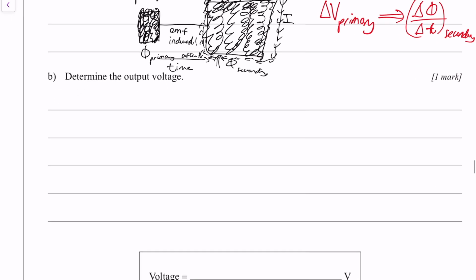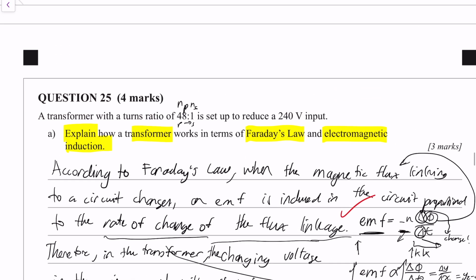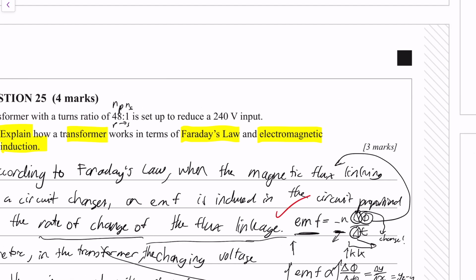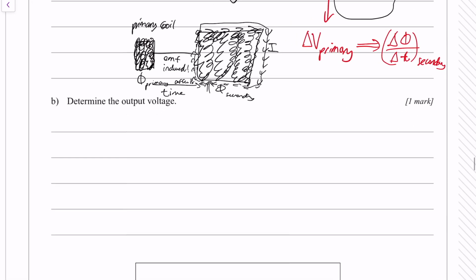All right, and then what else do we know? What facts do we know? We have the voltage of the primary, because it's saying we have set up to reduce this input, so that means it has to be the original, or primary, voltage that we're trying to deal with. Okay, and again, output voltage, that's just the secondary voltage.